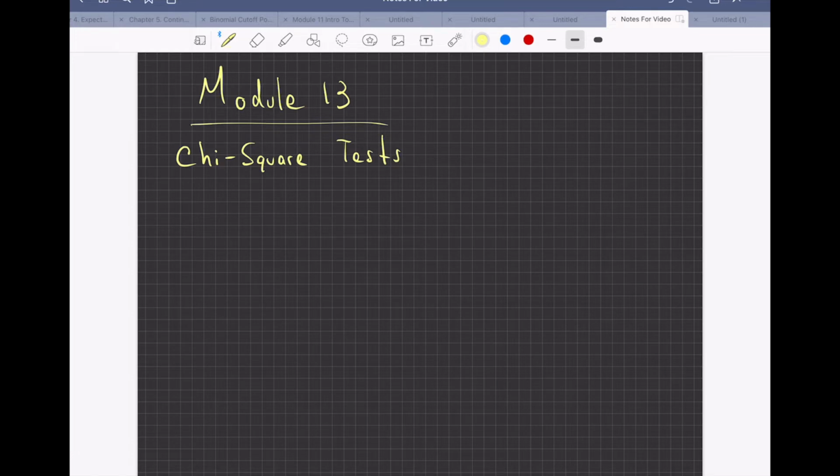First, some characteristics of chi-square tests.